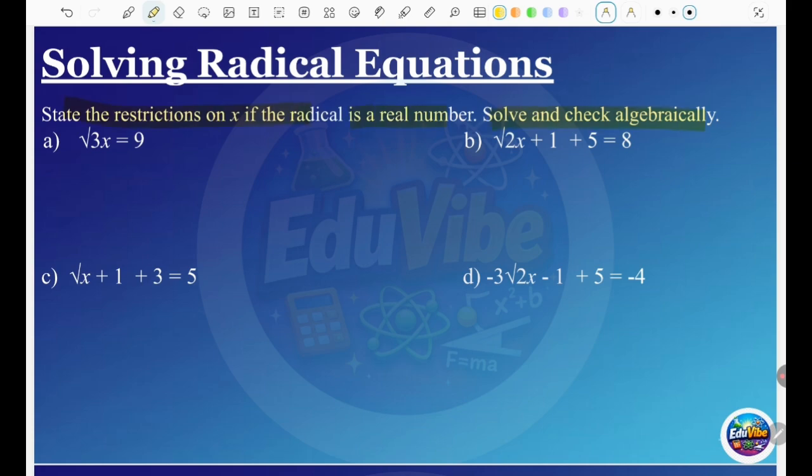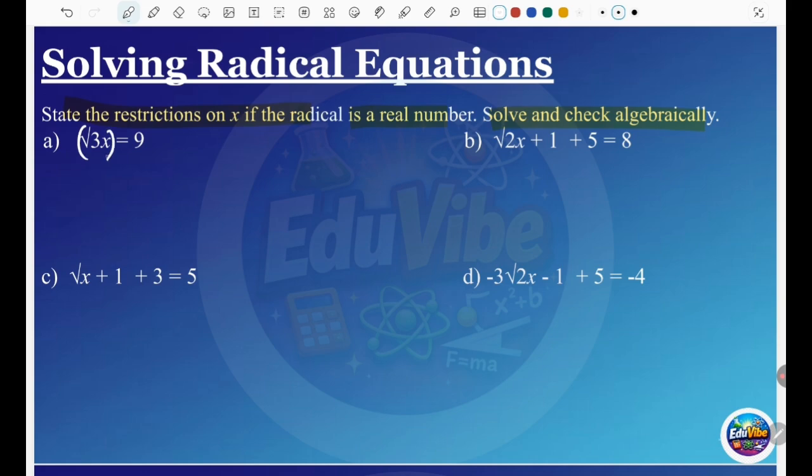So first we start with a simple one, which is root of 3x is equal to 9. There's nothing to do with this directly. But in radicals, we start with squaring. If you have this type of thing and no other way to move on, we start squaring on both sides. Squaring on both sides is very helpful to solve these questions.